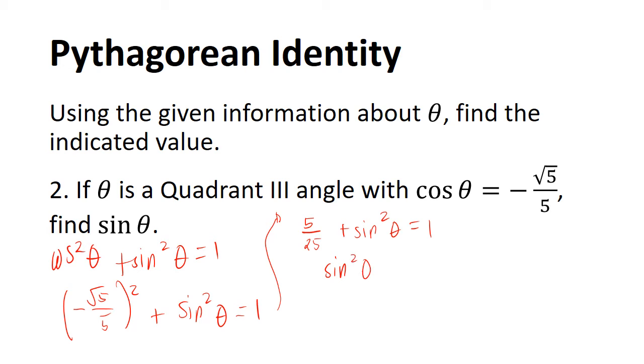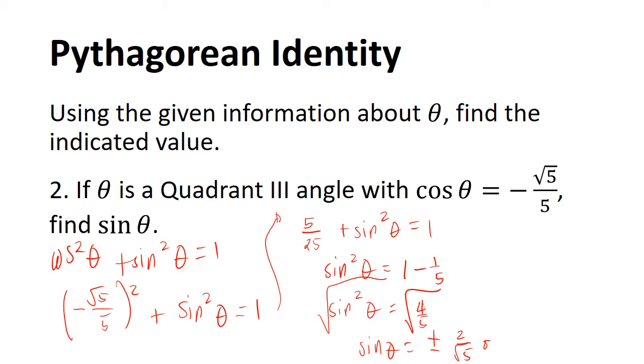So, sine squared theta equals, let me transpose it, 1 minus 1/5. Why 1/5? Because 5 all over 25. And we get 1 minus 1/5 is 4/5. Take the square root. You get sine theta equal to plus or minus 2 all over square root of 5, or plus or minus 2 square root of 5 all over 5.